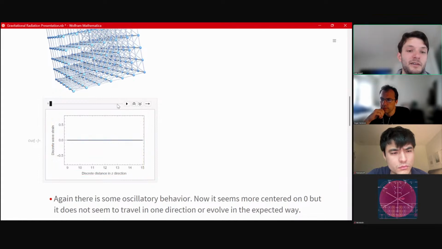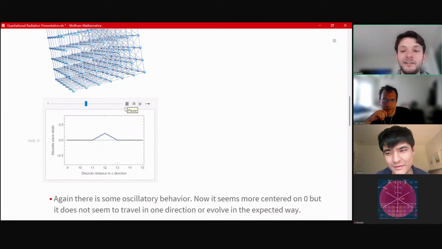So if we look at the animation of how the wave evolves, I think if I squint at it, I can convince myself that it's moving to the right.